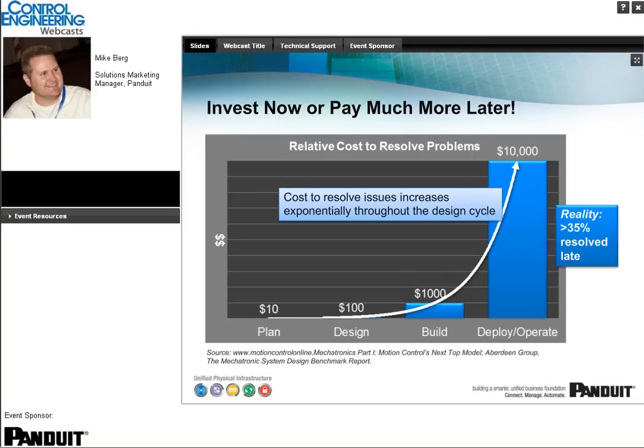So we want to avoid those problems in the late stages because those tend to lead to missed deadlines and overtime costs and costs to bring in outside people, travel and expense, and these types of things. So to kind of summarize this section, a strong physical network design guided by standards is really important to provide that reliability and reduce risk right from the moment that the logical network is known.